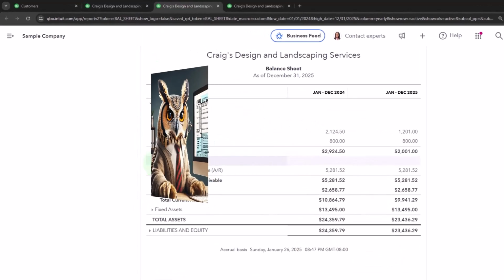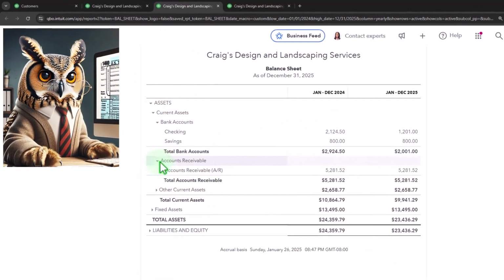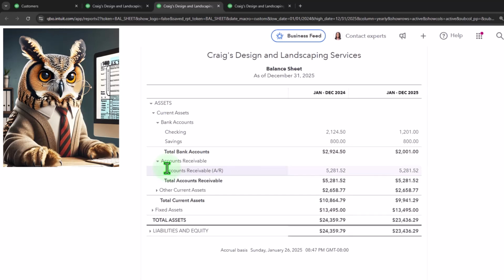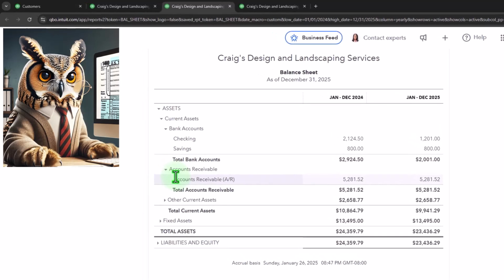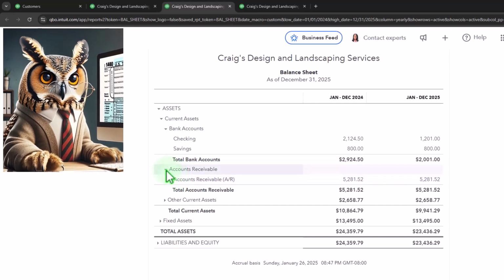So notice from a reporting standpoint, this is kind of ugly because you don't typically have more than one accounts receivable account. So to have a sub account in the accounts receivable is kind of ugly. But you can see why that would happen functionality wise within QuickBooks, because they're giving a separate triangle for every account type.